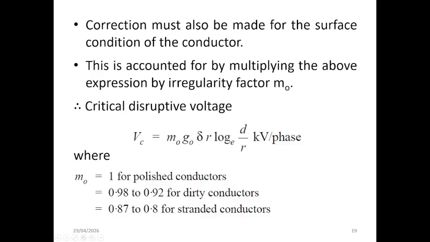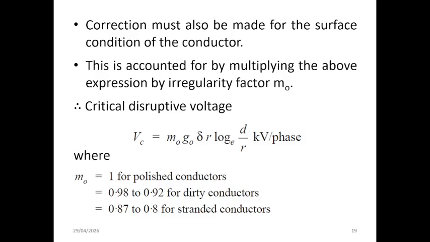So a further correction is required to account for the surface condition of the conductor, since real conductors are not perfectly smooth. Surface irregularities such as roughness, dirt, or strands in stranded conductors increase the electric field concentration and reduce the effective breakdown strength of air.